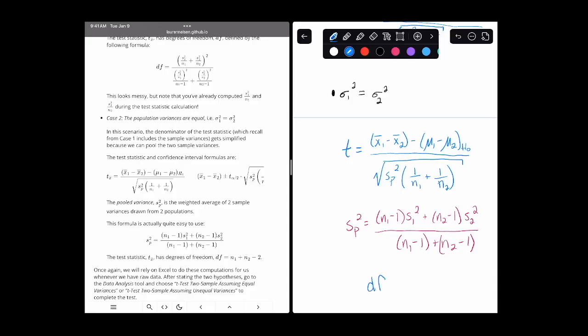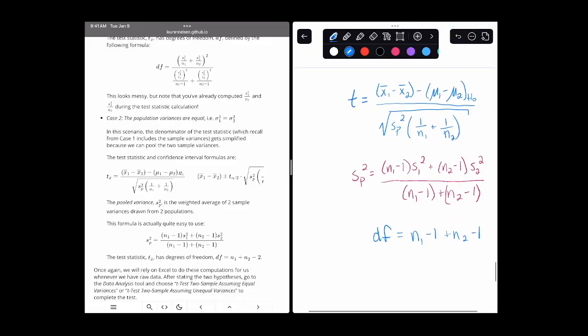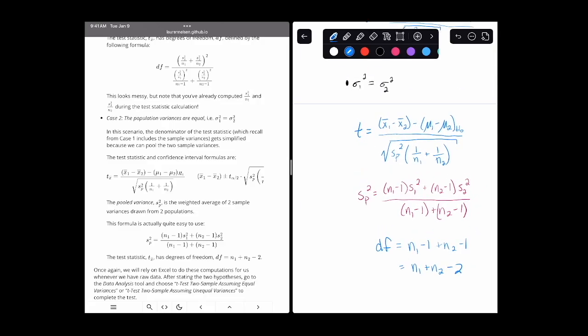And in this case, this is the degrees of freedom. So the degrees of freedom is n1 minus 1 plus n2 minus 1, which ends up being, if we combine these, n1 plus n2 minus 2. So the degrees of freedom is a lot easier to deal with in this case. But this is the case where we have to find our pooled variance and find our test statistic a little bit differently.